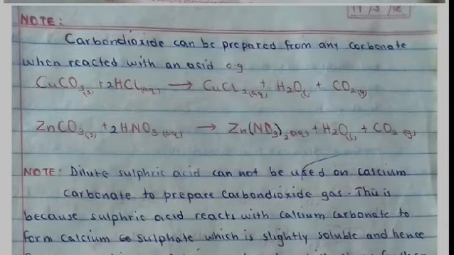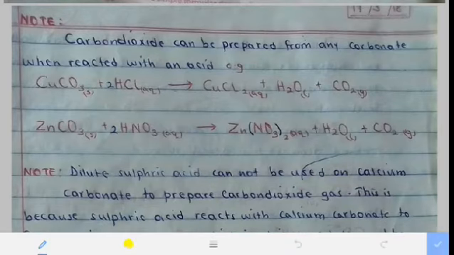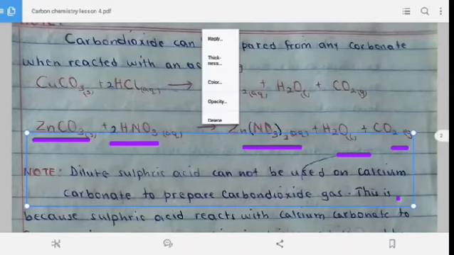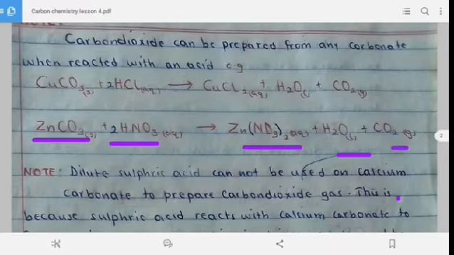For example, here we have copper 2 carbonate reacting with hydrochloric acid to form copper 2 chloride, water and carbon dioxide gas. The other is by getting zinc carbonate, because it is any carbonate plus any acid, nitric acid, forming zinc nitrate plus water plus carbon dioxide.